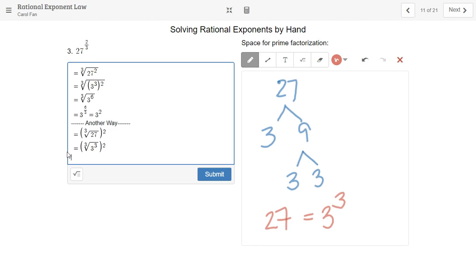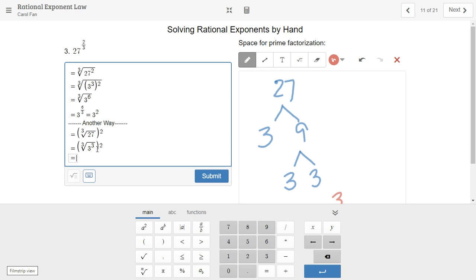Now remember we said that when we have the index the same as our exponent, this would divide itself out. So I now have base 3 left and raised to the power of 2.